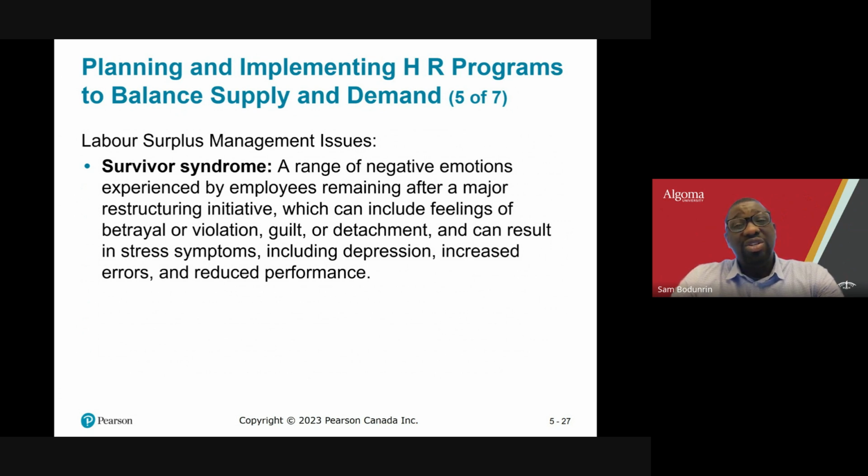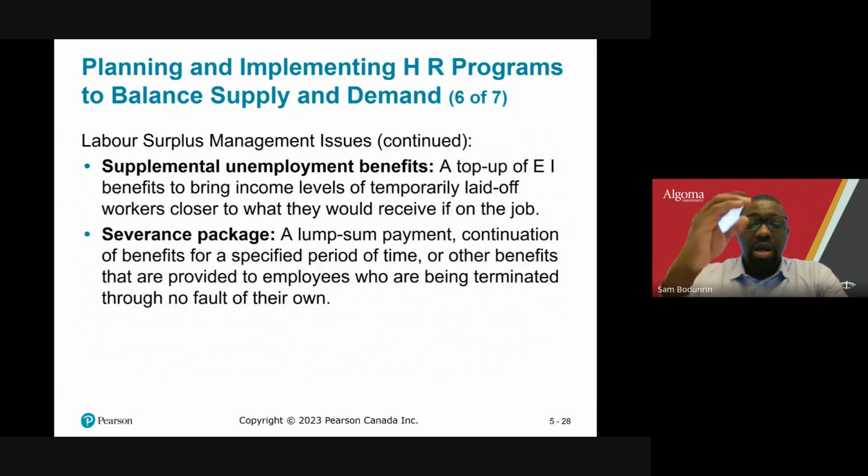You need to continuously encourage them so that production doesn't go south. Okay, so that is labor surplus management. Supplemental unemployment benefits are the top-up of EI, which can be given to people that are laid off or lose their job involuntarily.